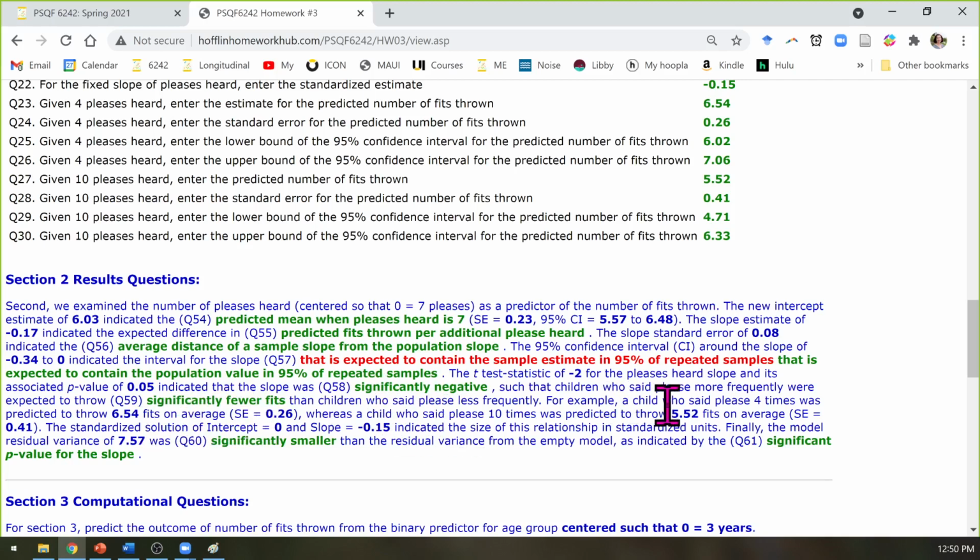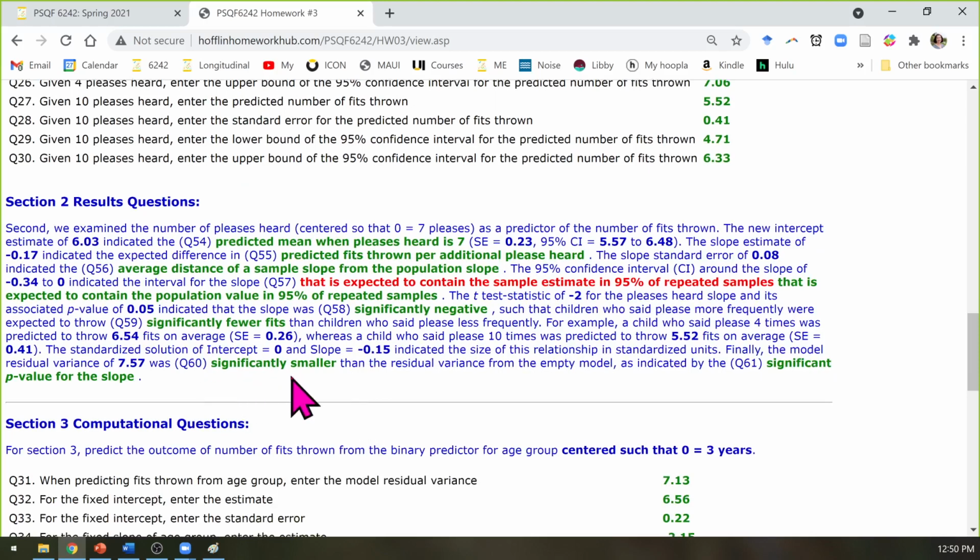And then I asked you to calculate the number of predicted fits thrown for a couple different levels of pleases heard, plus or minus roughly a standard deviation on the variable, I think. And in the standardized solution, you can convert that slope estimate to a standardized slope, which is in z-score units. And then last but not least, relative to the previous model.